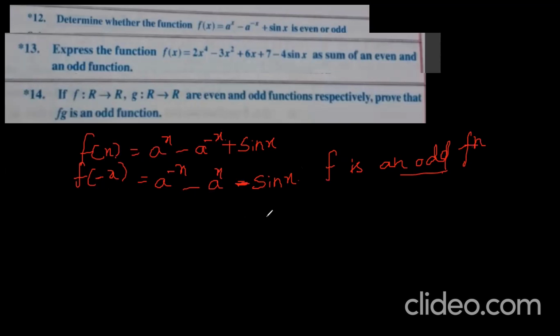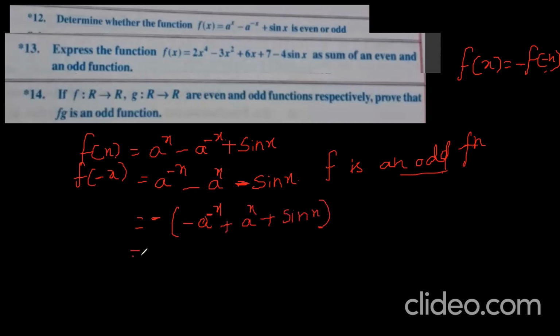And we have to show one more important thing, that f of x is equal to minus f of minus x. Let us show that. I can take minus common. If I take minus common, I get minus a power minus x plus a power x plus sin x. You see, this is f of minus x.